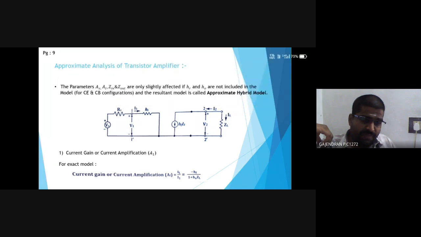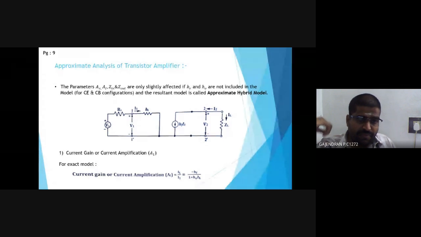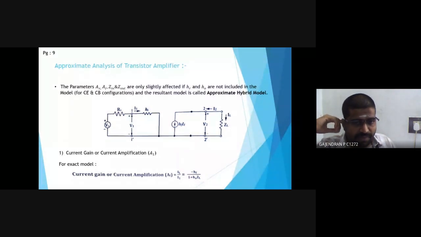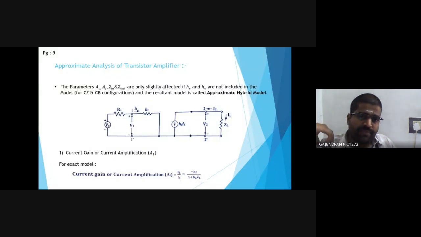We already have the analysis of the exact model, so we simply eliminate the HR and HO terms. Just substitute 0 in the HR and HO places in the current gain, input impedance, voltage gain, and output impedance of the exact model.